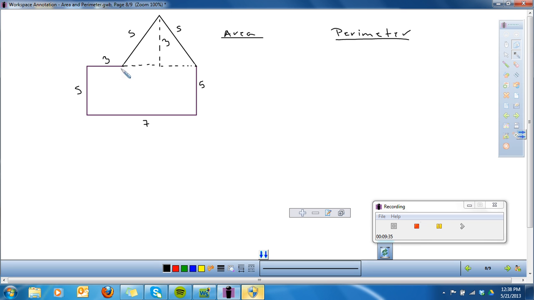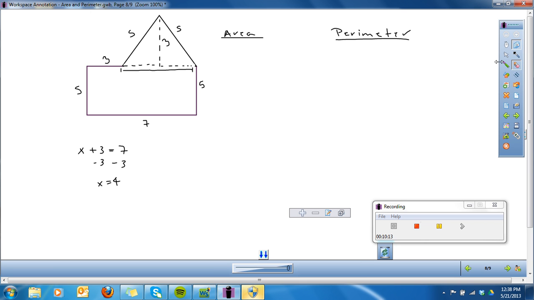So I'm going to assume that this, from here to here, we're going to call that x. So I'm going to say x plus 3 has to equal 7. And I'm going to solve for x. So x must equal 4. So I know that this whole piece right here, this x, has to equal 4.